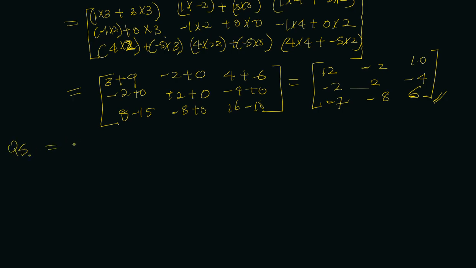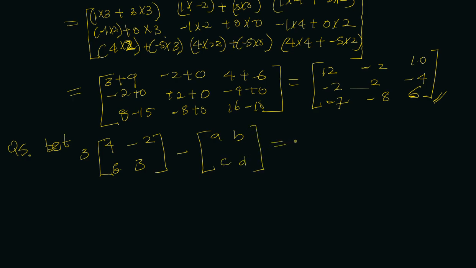So we have 3 into minus A B C D is equal to 4 into minus 2 3 5 and minus 2.